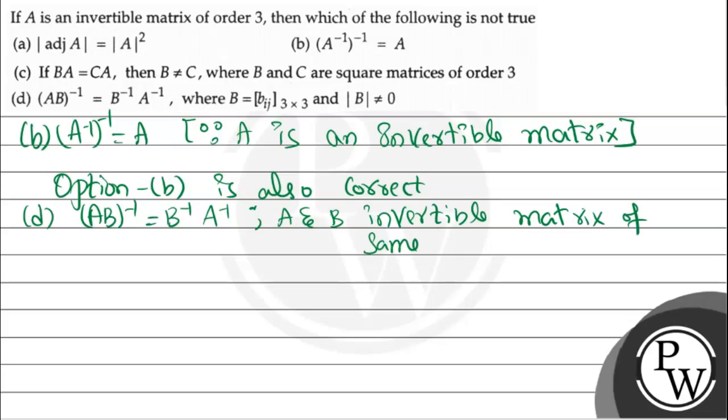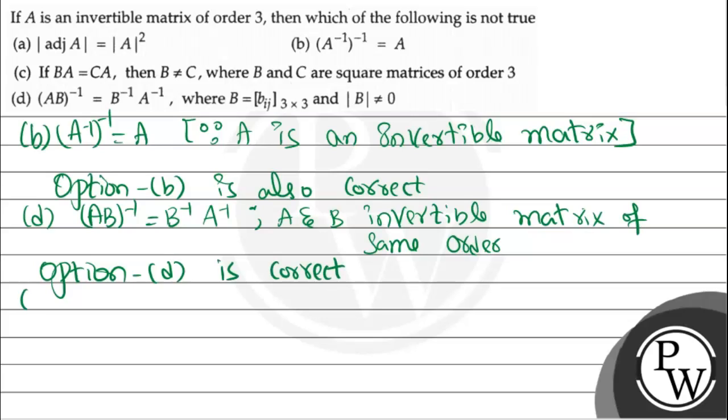Here they mentioned that B is of order 3 cross 3 and A is also of order 3 cross 3, and that determinant of B is not equal to 0, which means B is also invertible. So A and B are both invertible and of the same order. So option D is also correct.